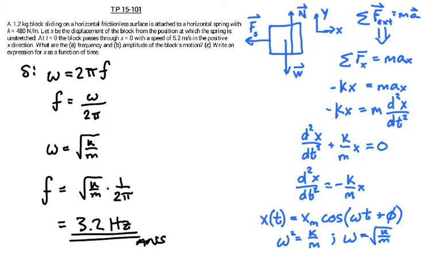Alright, so let's move on to part B. Part B of our problem is to calculate the amplitude of the block's motion. So from part A, especially in the blue ink, we pulled out our position as a function of time.